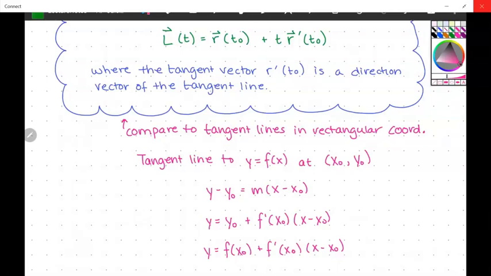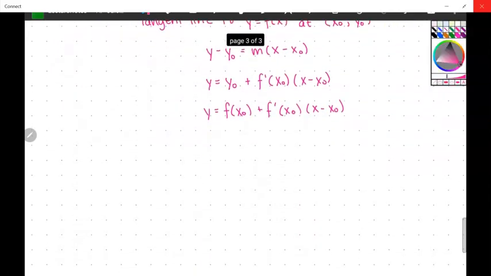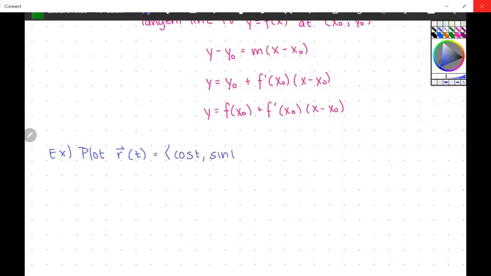All right. So let's look at an example here. We just have 2 examples and then we'll be done. Example: plot r of t equals cosine t, sine t. We did that at the beginning. We know how to do that.